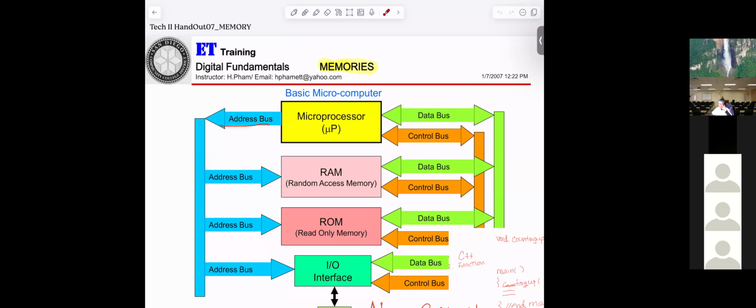Okay, and the next, RAM, random access memory. That's why when you go to buy the computer, they will be asking you how much memory you want.